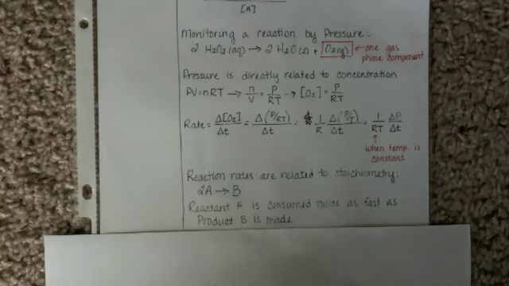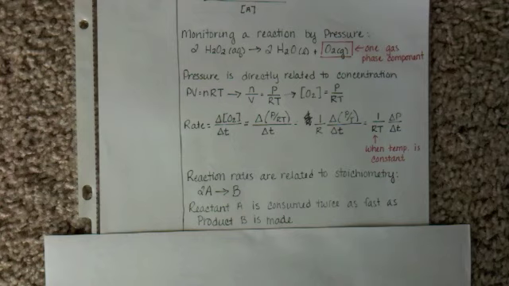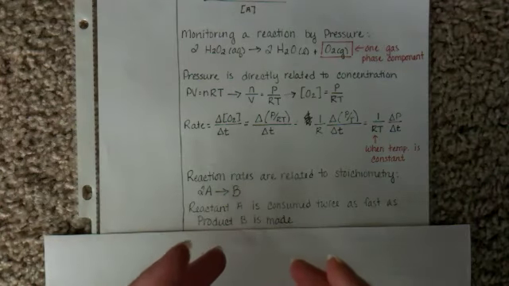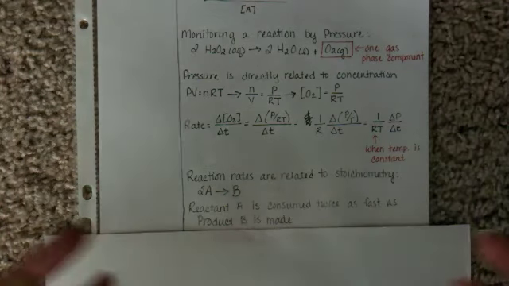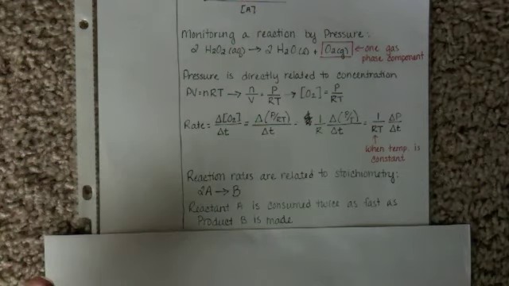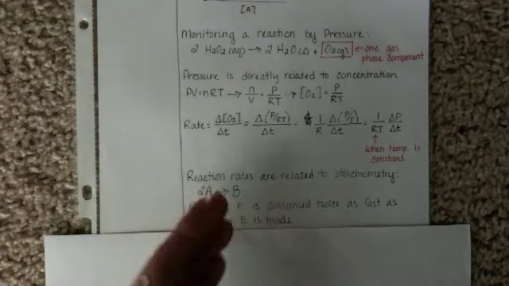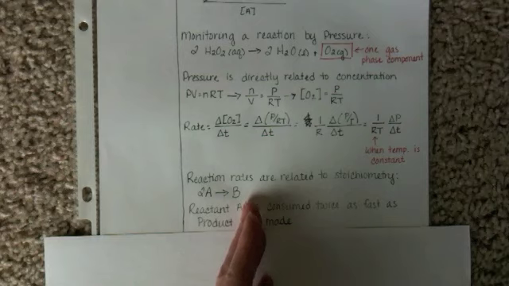Its rate is going to be twice as fast as the rate of B. And that's not useful to us as chemists. We want to be able to define the rate in terms of the whole entire reaction. And we want the rate to be the same whether we're looking at A or whether we're looking at B.